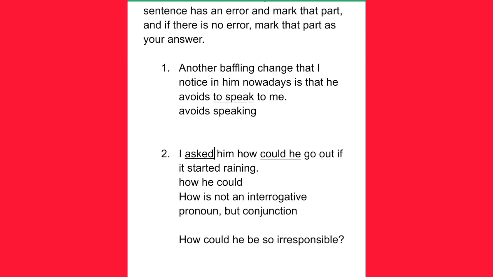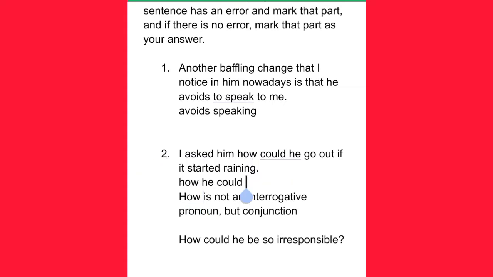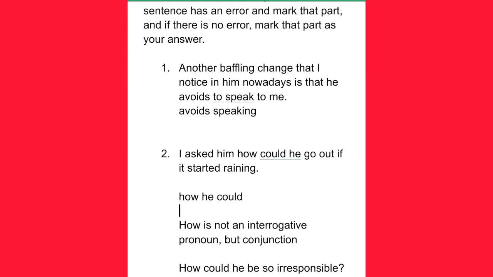On the contrary, you actually mean to say that he should not have gone out if it had already started raining. So basically here how is functioning as a conjunction, not as an interrogative pronoun, and therefore the correct sequence would be how he could rather than how could he. Are you getting it?